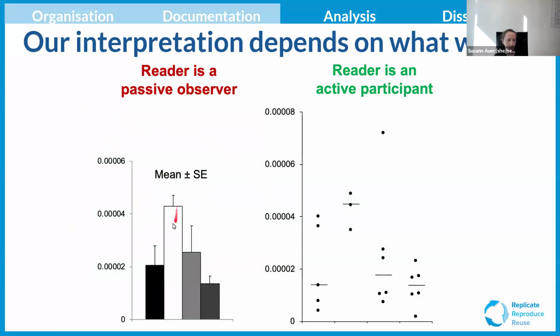So we could think, okay, so in the second group, maybe that was the maximum response. On the other hand, we as readers are the active participants. You can see these are the raw data. We have these four groups, and if we want to make a bar graph out of it, this is what we come up with. But you can see there are some issues with this data set.